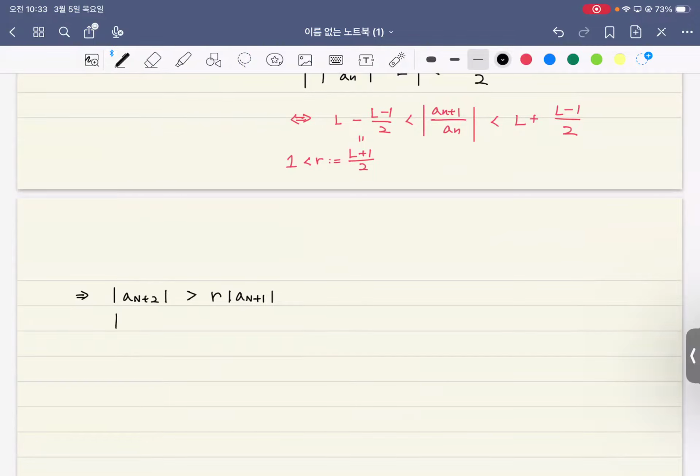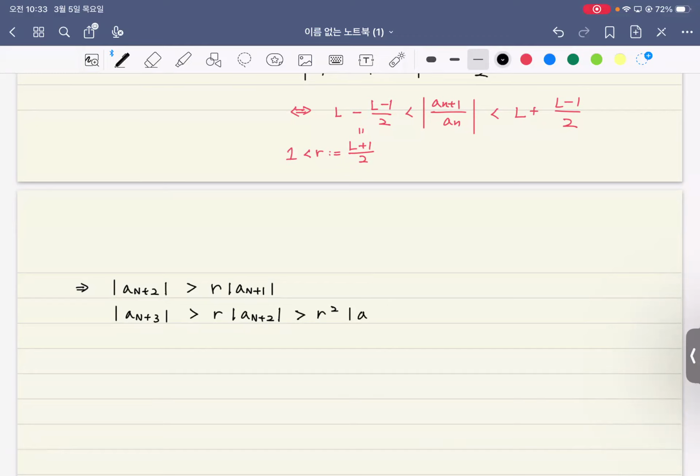By the same reason, a n plus 3 is greater than R times a n plus 2, which is greater than R squared times a n plus 1.